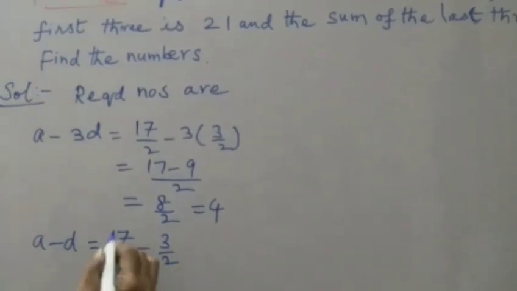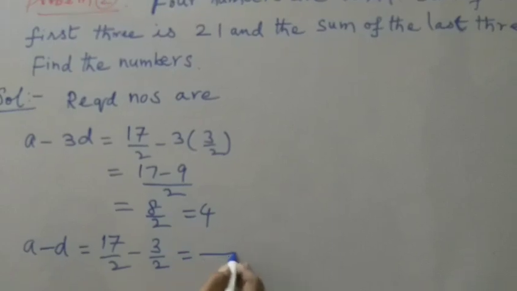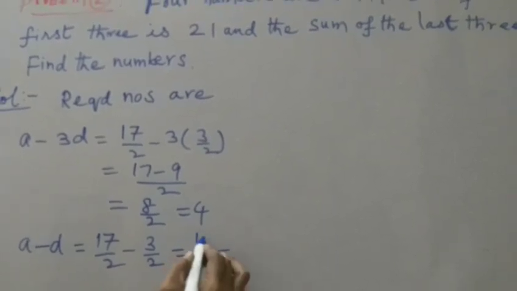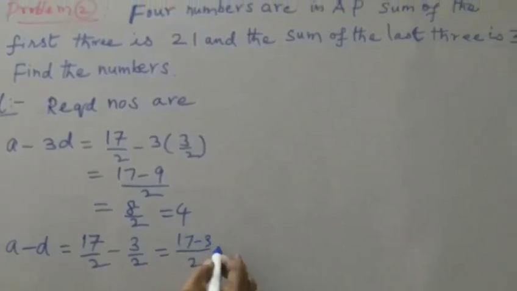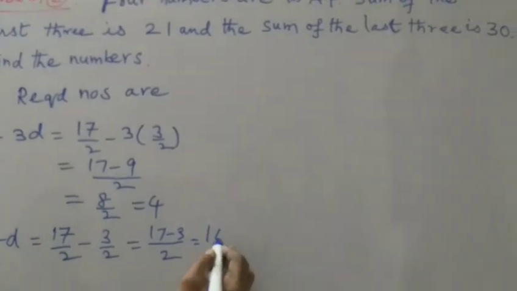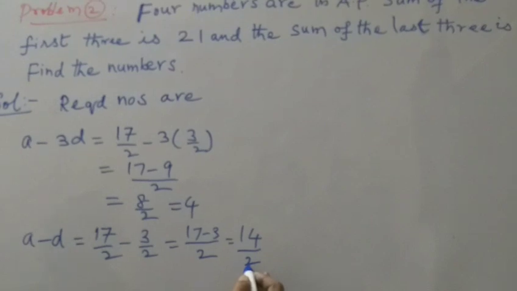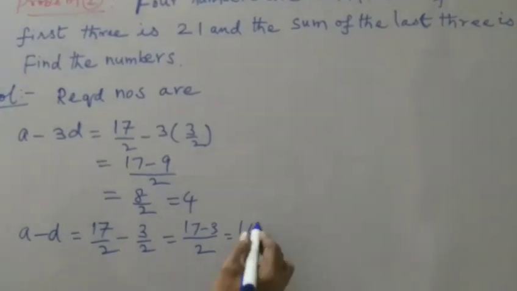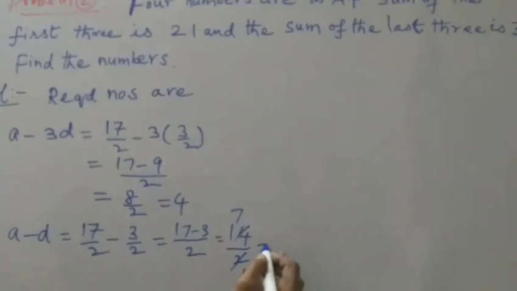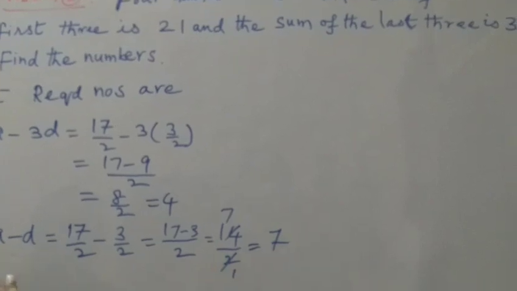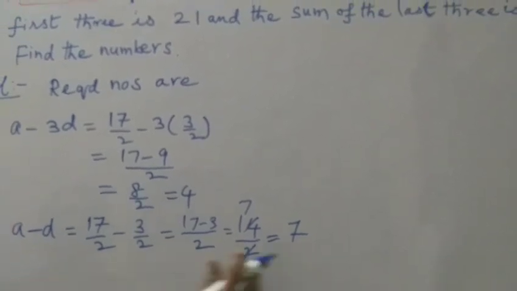The LCM of these two is 2 only. So 17 minus 3 becomes 14 by 2. 2 7s are 14, so it is equal to 7. a minus d is equal to 7.